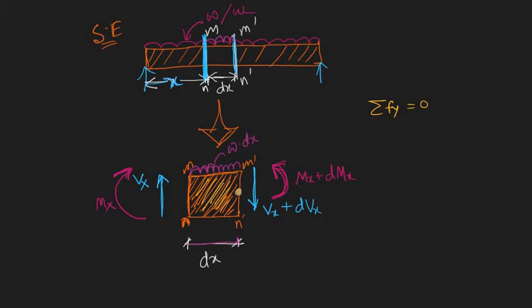That is why the net moment about this point is also 0. So the summation of moment about point O, let's say this is O, is also 0. Now the sign convention is, we are considering everything upward as positive, and everything clockwise as positive.